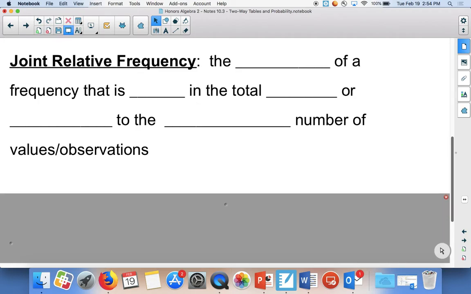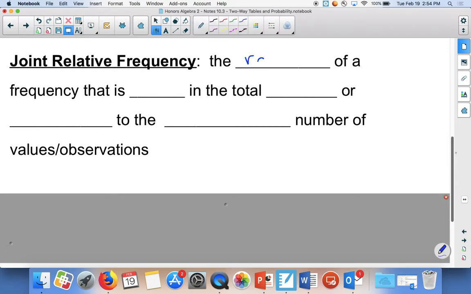Okay. So those are the individual pieces of the table, but now we're going to put some stuff together. We're going to put our fractions together, basically starting to get our probability. So joint relative versus marginal relative. When you see the word relative, think fraction. You will always put together a fraction or a ratio.